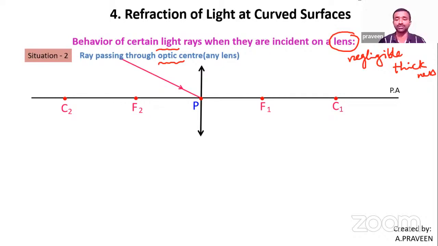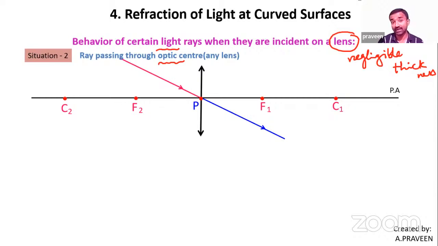There is no deviation. The light ray passing through the optic center after refraction remains undeviated. So you can extend the light ray after refraction just straight. So along the principal axis and through the optic center of the lens, in both the cases, the light ray remains undeviated.